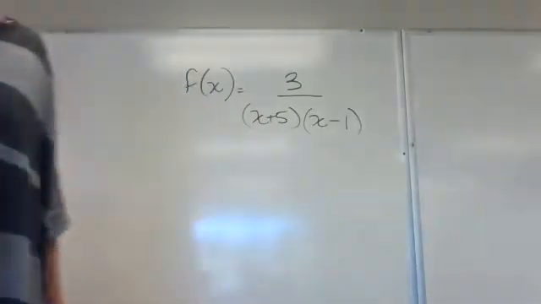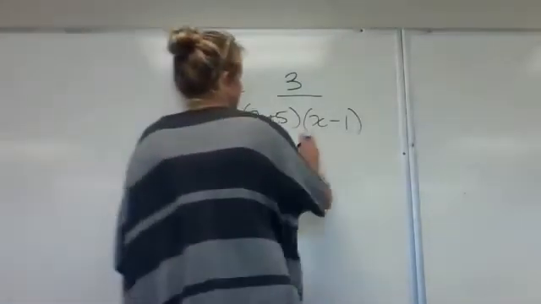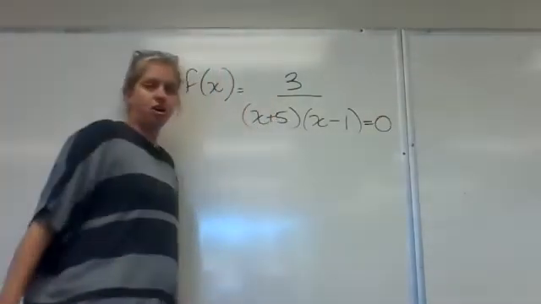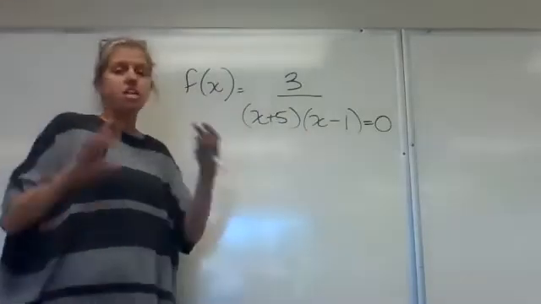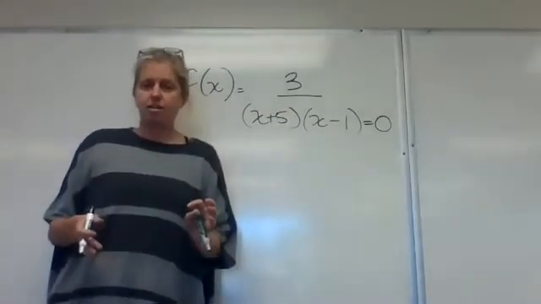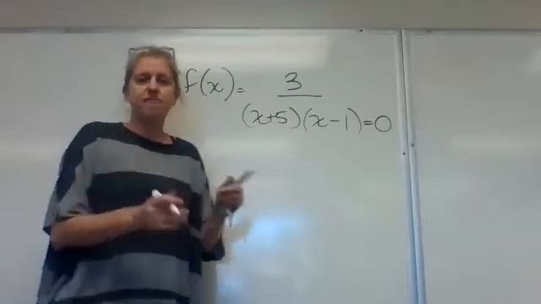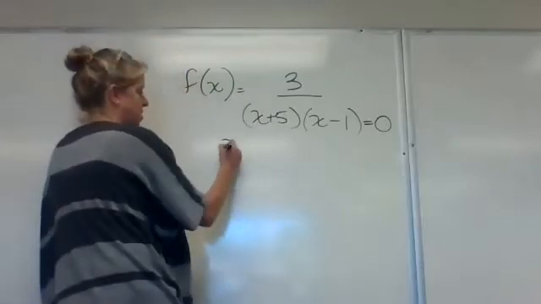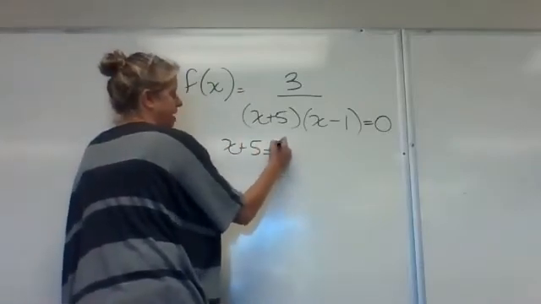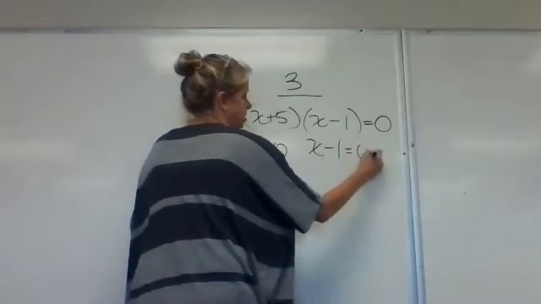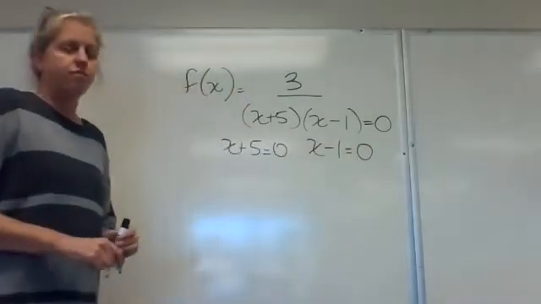Okay, so on this one, again, I'm setting the denominator equal to 0 to find the vertical asymptotes, and they've already done the factoring for me, right? It's already in its factored form, so I can just jump straight to the step where I set my factors equal to 0 and solve them for x.